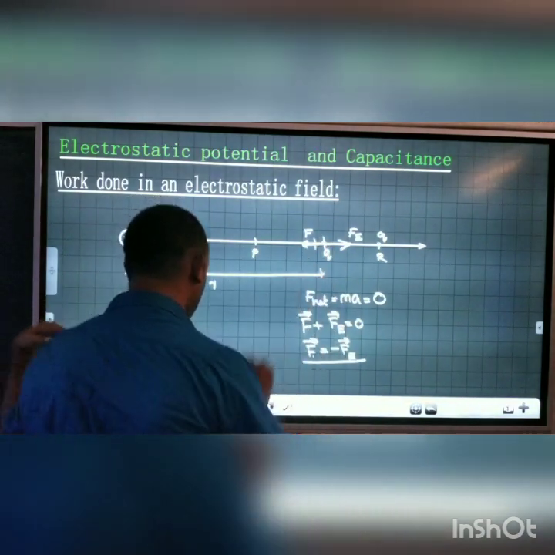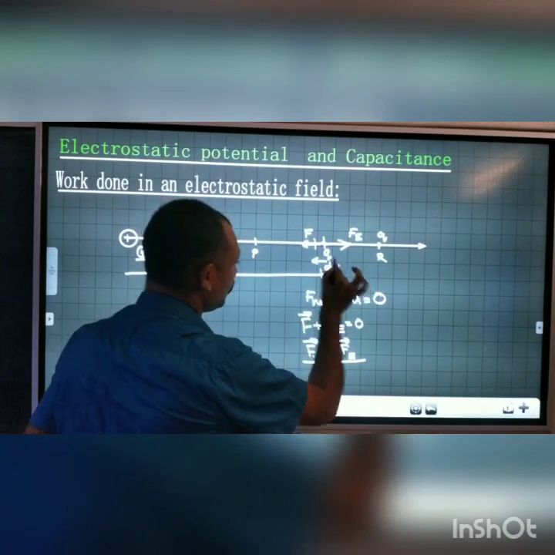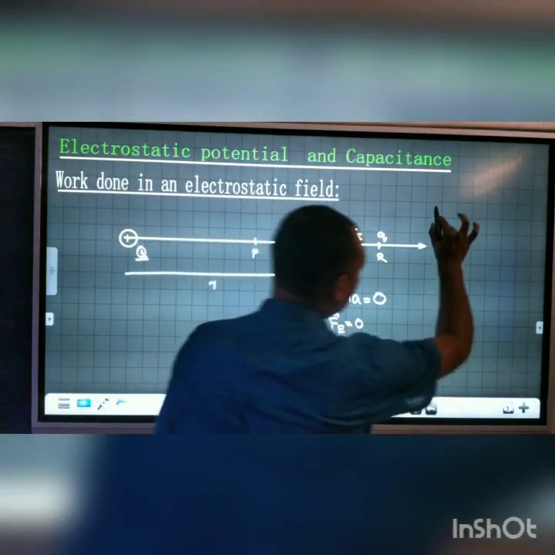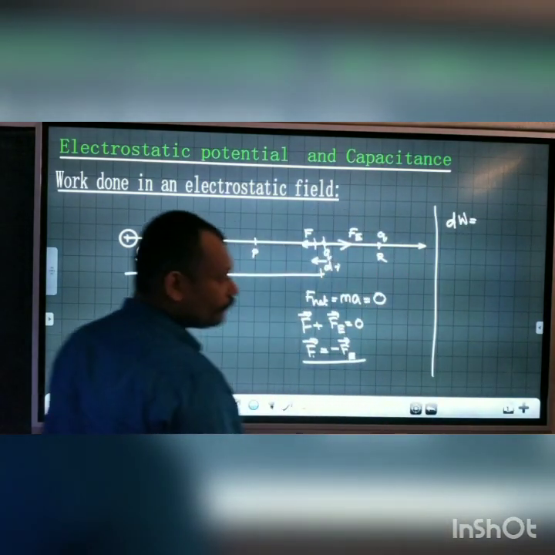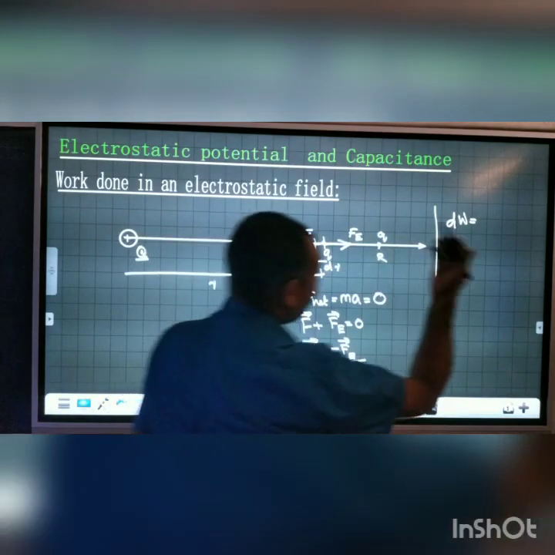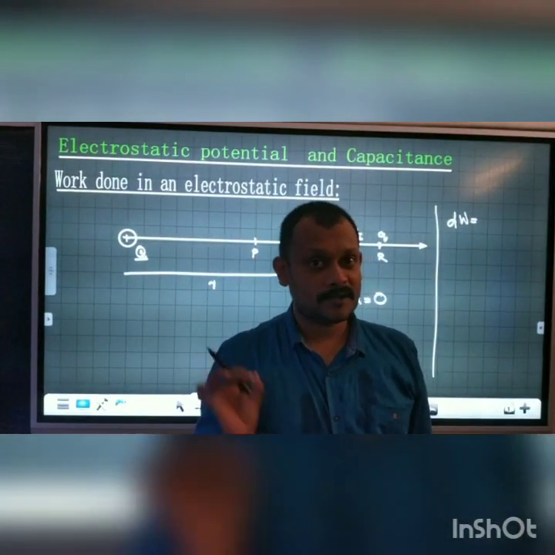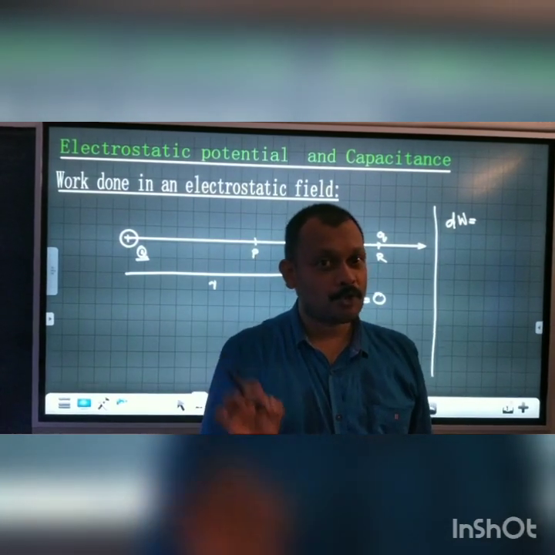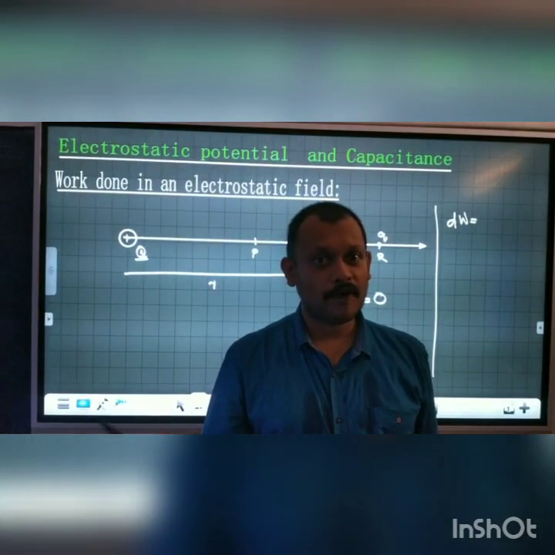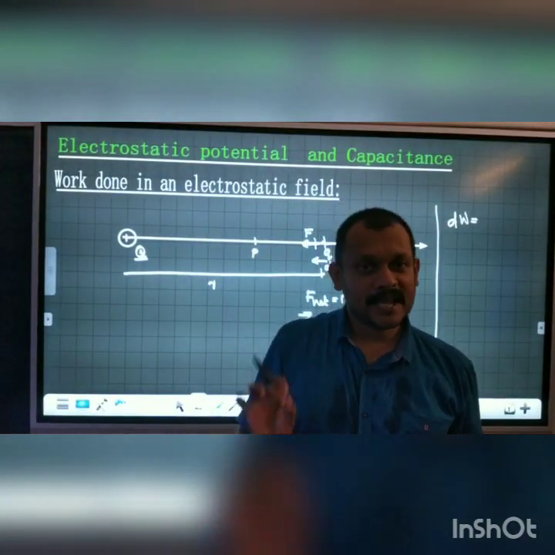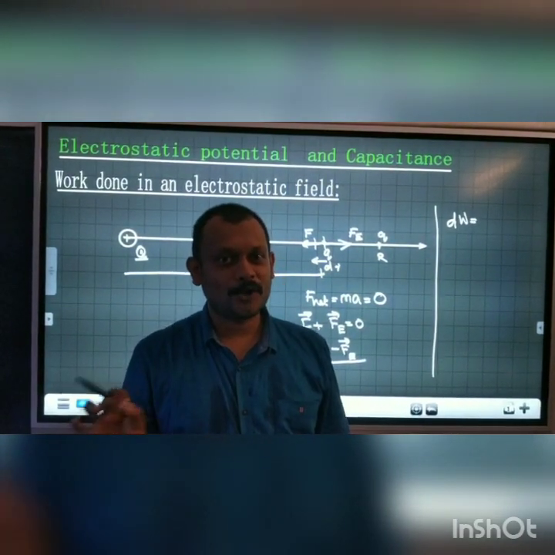Now I am going to ask you, what is the work done to displace this by a small amount dr? If I say dW is the work done, I can say dW is the work done by the external agency. You studied in first year, what is the formula for work done? It is the scalar product of force and displacement of the point of application of force.